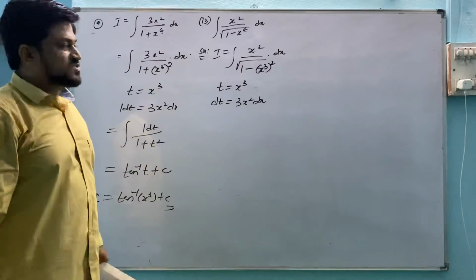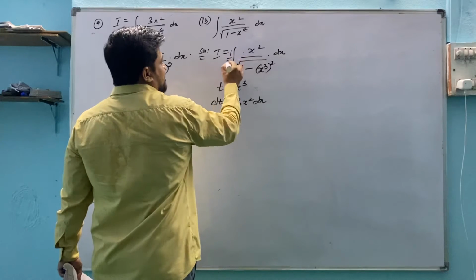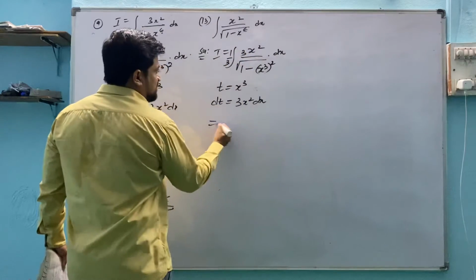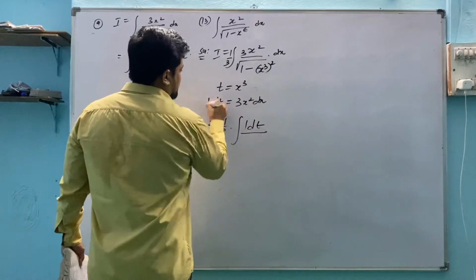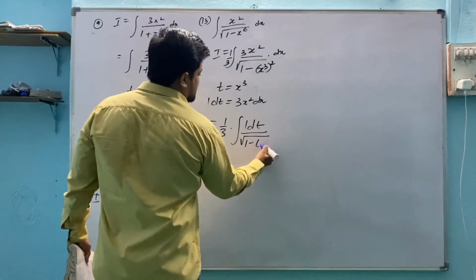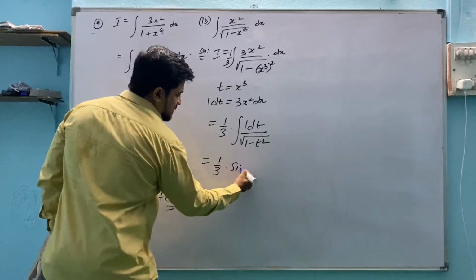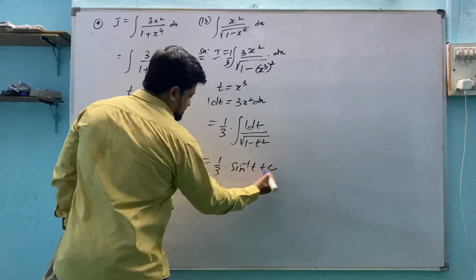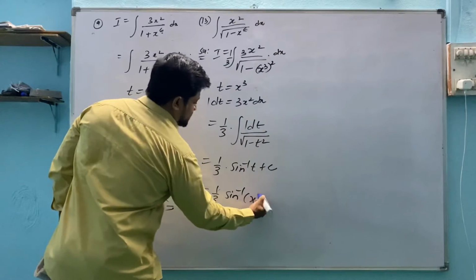Now we got 3x square dx, we don't find 3 here, so what we will do, we will take 1 by 3 and 3. So this becomes 1 by 3 into the integral of dt divided by root of 1 minus t square. 1 by root of 1 minus x square is sine inverse x. Sine inverse, in place of t you should write x cube.